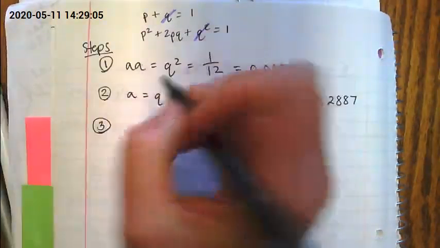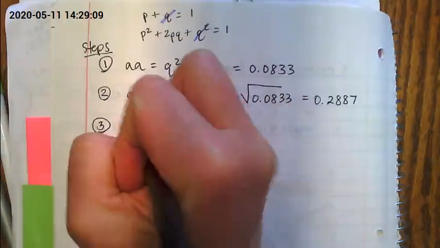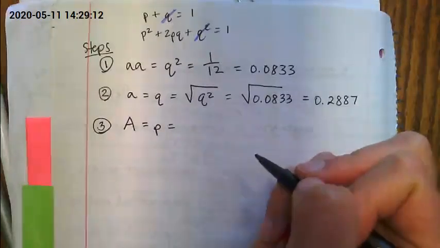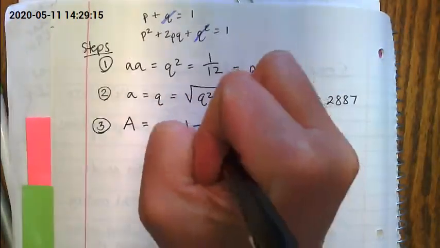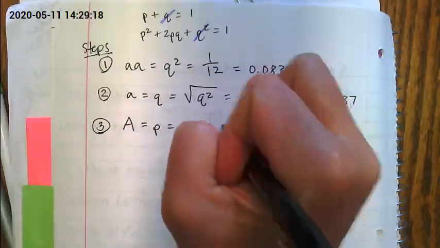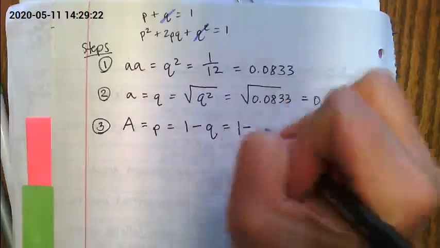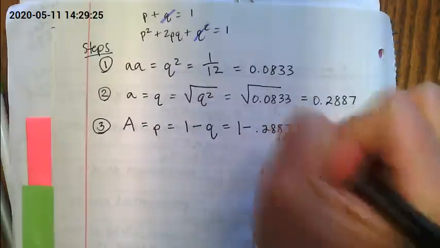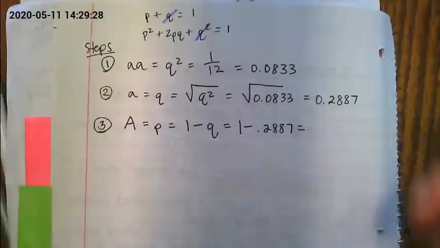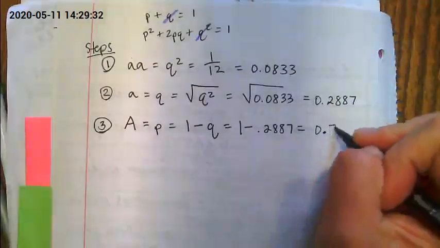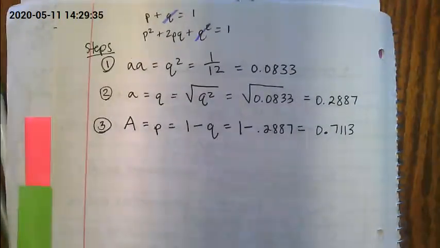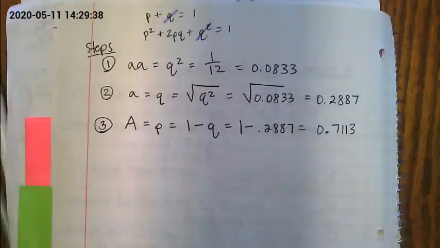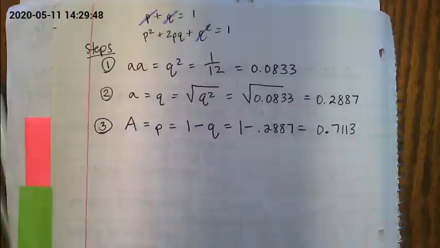So let's find P. That's going to be our dominant allele, or P, and that's going to be equal to 1 minus Q. Okay, so we got P. We have P, we have Q.